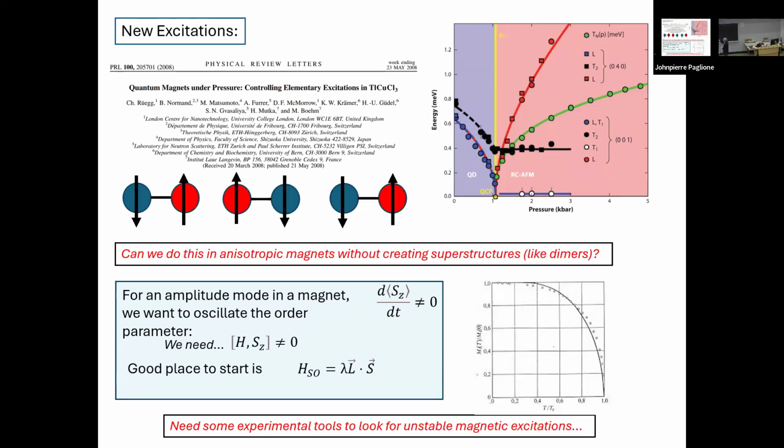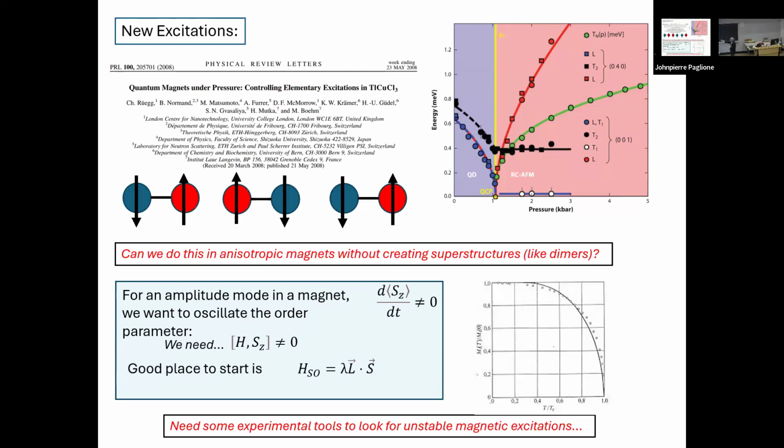Now, what's interesting here is that this mode plays a key factor. You see, when it softens, you get a nice phase transition. Now, how can we actually get this longitudinal or amplitude mode? Let's go with this thread for a minute. If we want to get this to turn on, we need an expression that looks like this. We want the first derivative of Sz with respect to time to not equal 0.